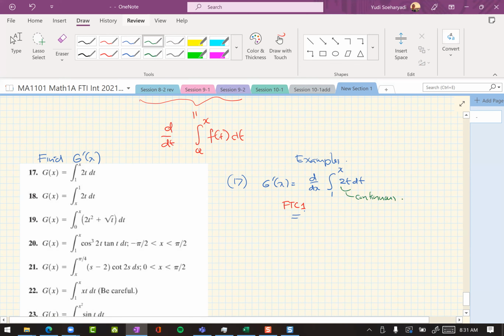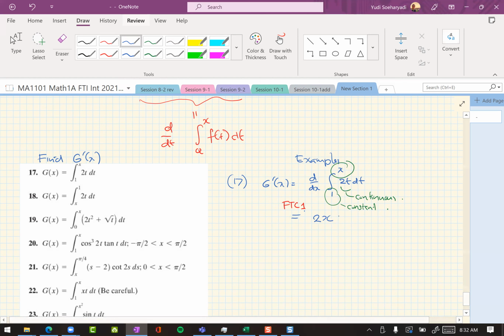It's okay to use this one because it's a polynomial. From 1 to x, the lower bound is constant, and the upper bound is just x, the variable. So when you apply the fundamental theorem of calculus, the first one, the derivative cancels the integral in this form. What you're left with is not 2t, but 2x.